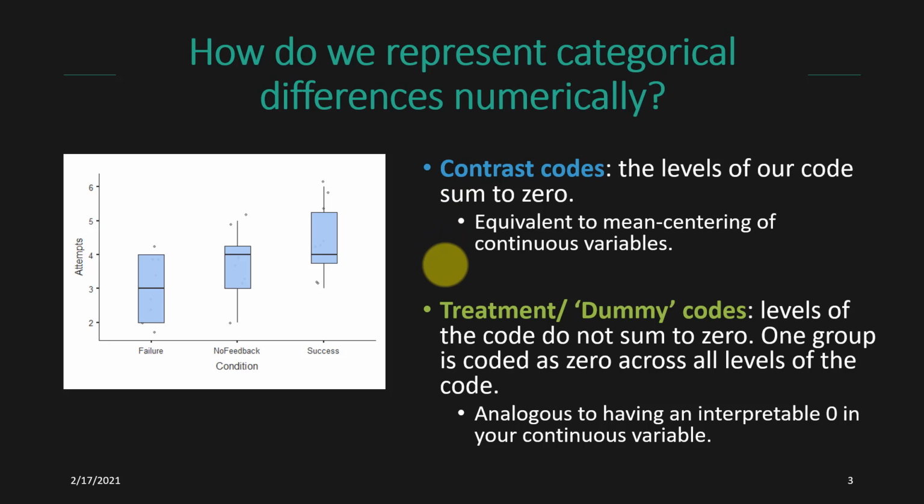And we will probably avoid treatment codes because even though they help with the interpretation of individual effects, they make it harder to interpret some of the effects of multiple variables in our model, and therefore we're not going to like them as much when our models get bigger and more complicated.